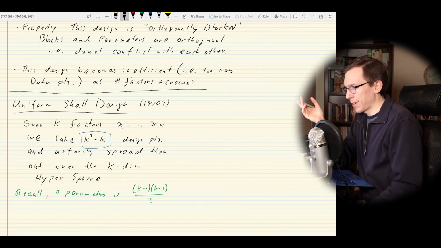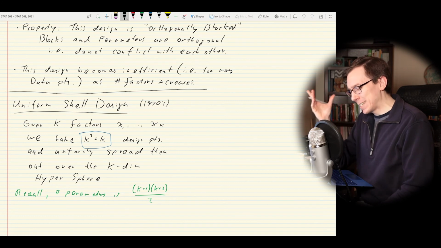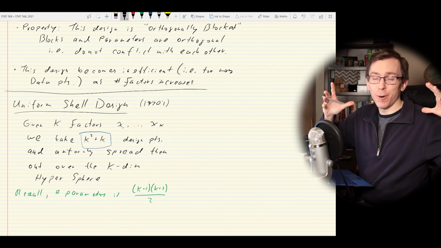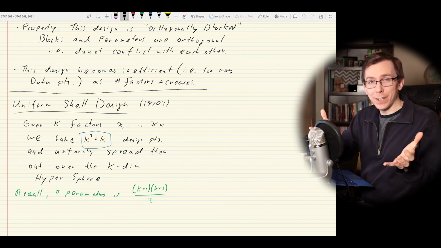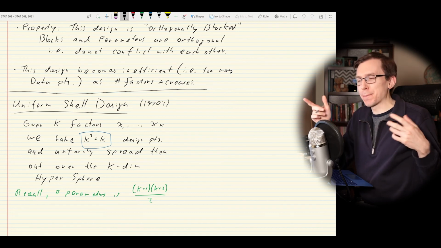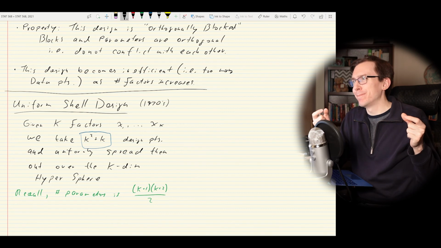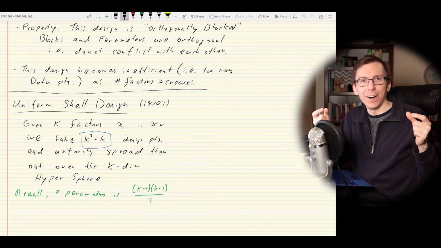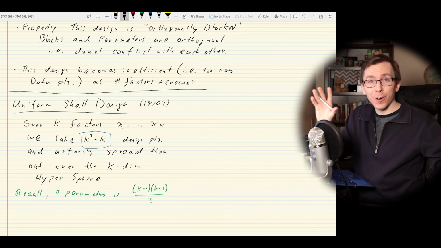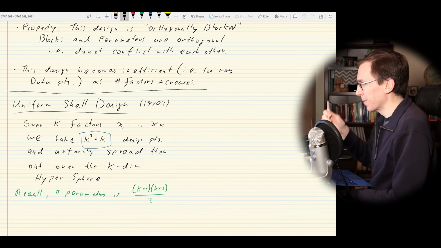I assume it's because it's roughly twice what you need to estimate all of the parameters in your model. But the idea is we just take this number of points and we spread them out over the sphere uniformly. And what that means is that they're as far spaced apart as possible. You can imagine I have a bunch of little electric charges on the sphere, and they all repel each other. So they all want to be as far away from each other as possible. And so they spread themselves out uniformly.